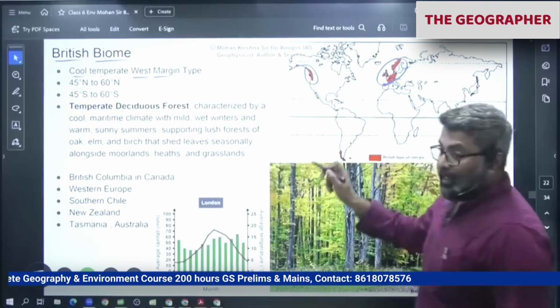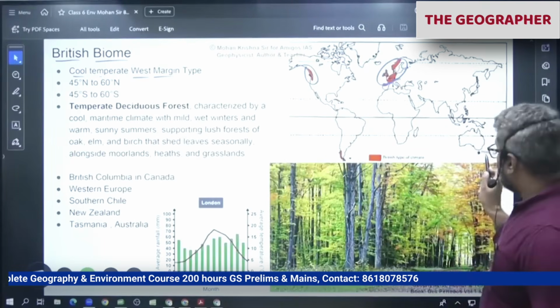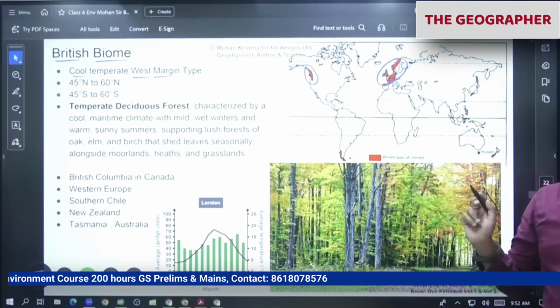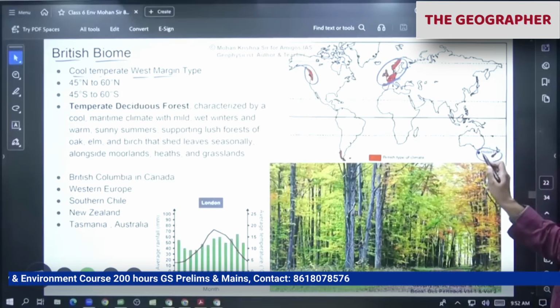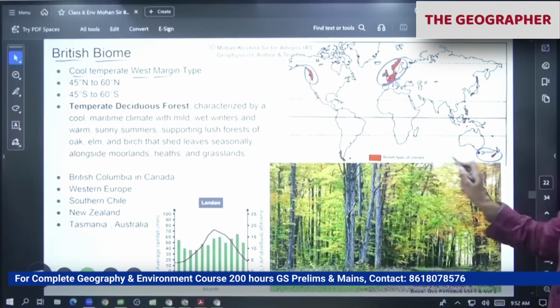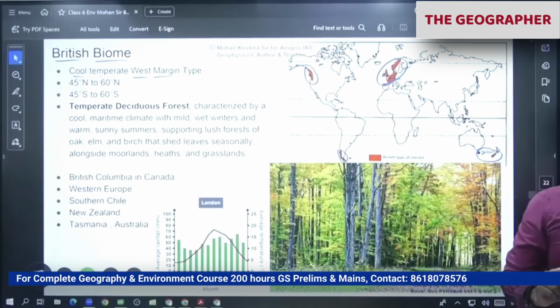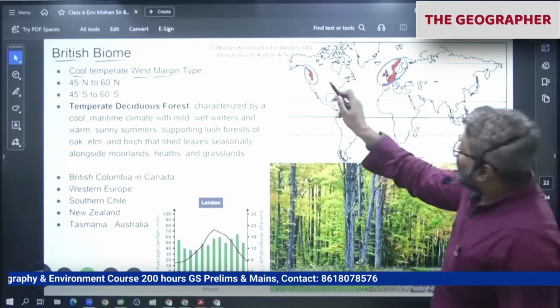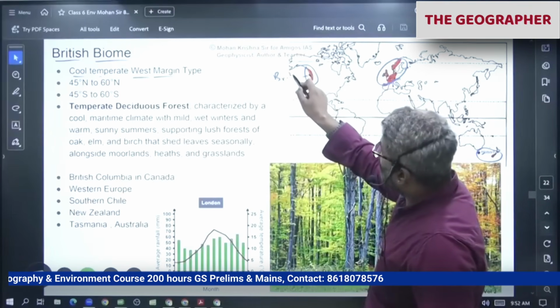You can see it is more in northern hemisphere, less in southern hemisphere. Southern hemisphere not much land. Land is less. So only in New Zealand, Tasmania, an island called Tasmania, then Chile. Only in some places we have British type. Here is Canada, British Columbia. There is a province called British Columbia in Canada.